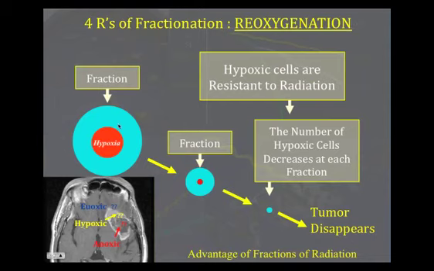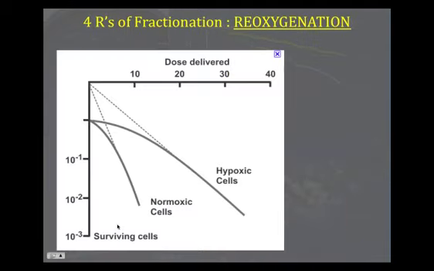So as we fractionate, we reoxygenate the tumor, and then we gain the ability to transform the hypoxic cell into a normoxic cell, and thereby increase our capability to kill that cell. And this is just an example of a glioma, and we know here is an anoxic center. And as we kill the cells here by adding different fractions, we will reoxygenate the cells here.